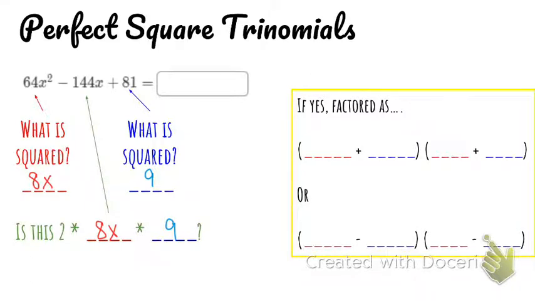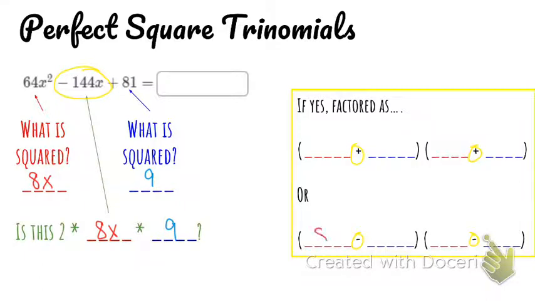So now we're going to put it in the factored form using the 8x and the 9. We need to recognize if it's going to be plus or if we're going to be doing subtraction. Since our middle term, when we add our two middle terms together after we multiply and do FOIL, needs to be a negative number, that means we should be using our minus.